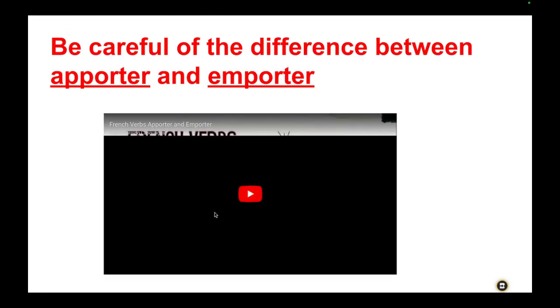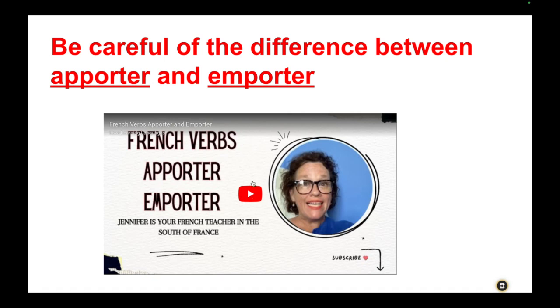And here you go. There is a video that I added here for you to see the difference between apporter and emporter, and porter and emmener. You're going to see those verbs. You're going to have to be careful between the two verbs: apporter, as I said, is to bring something and leave it there. And emporter is to bring something and take it with you.